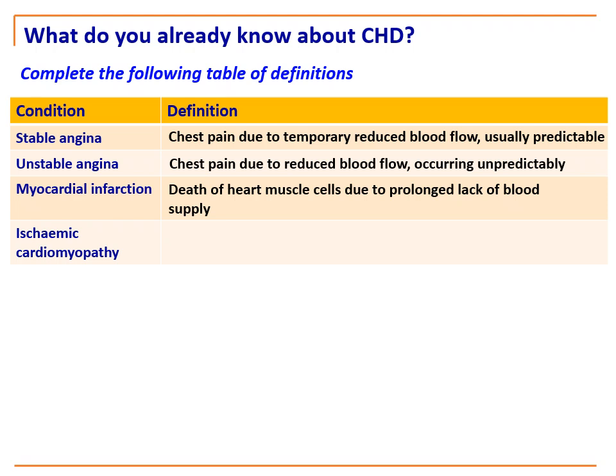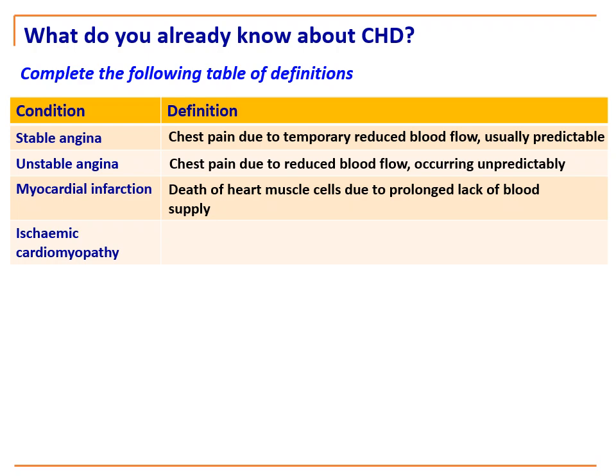The key difference with unstable angina is you're getting chest pain due to reduced blood flow occurring unpredictably. The same with an MI. The difference is in an MI, you get death of heart muscle cells because of the prolonged lack of blood supply, whereas in unstable angina, you recover before you get death of those heart muscle cells.